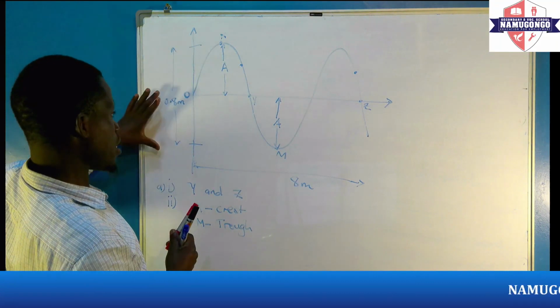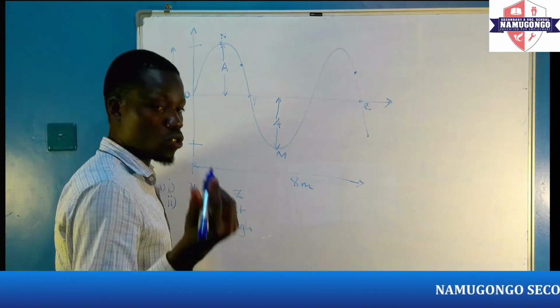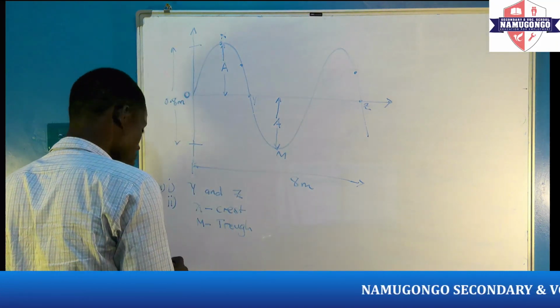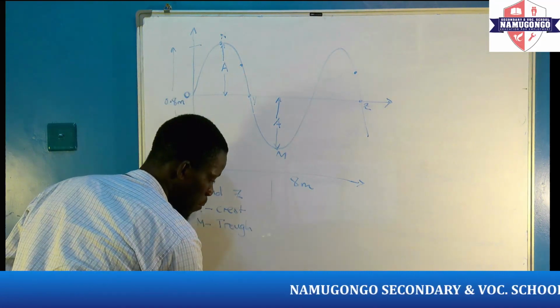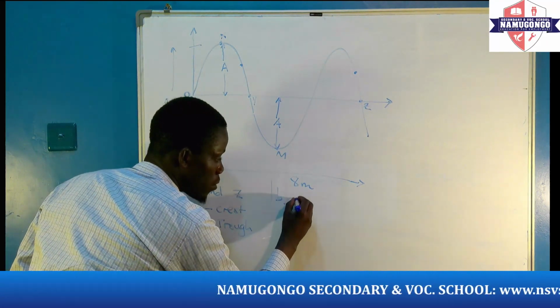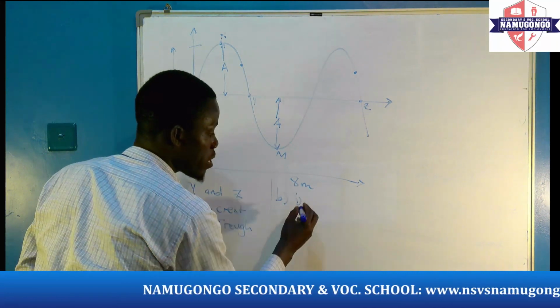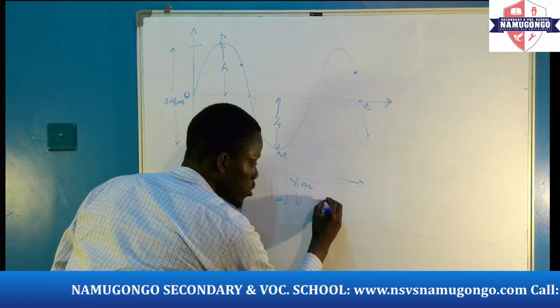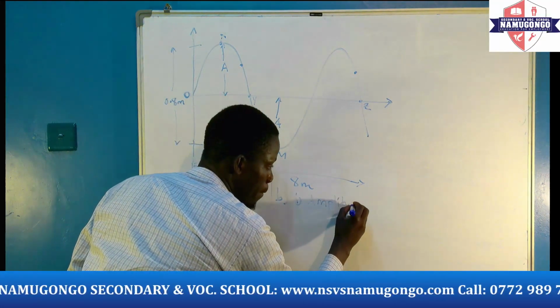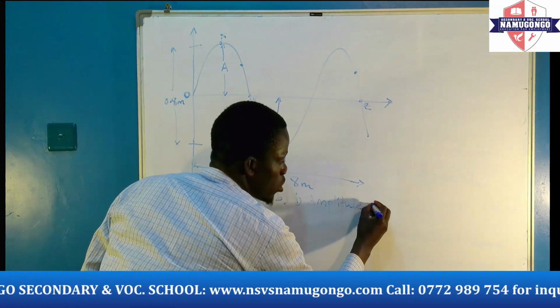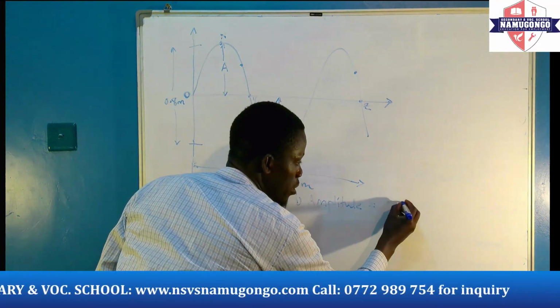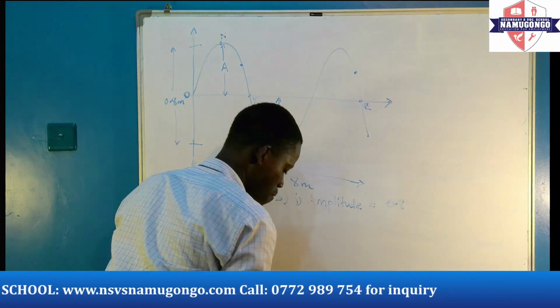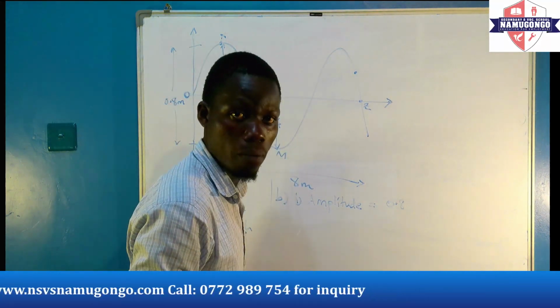This total distance is given as 0.8. So part B, Roman number 1, the amplitude is going to be 0.8 divided by 2.